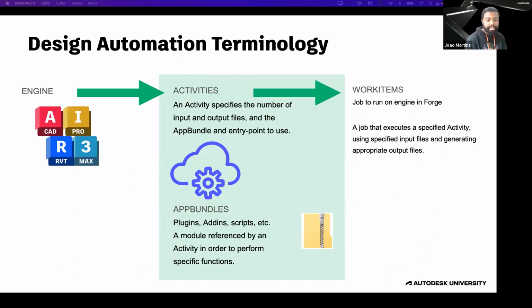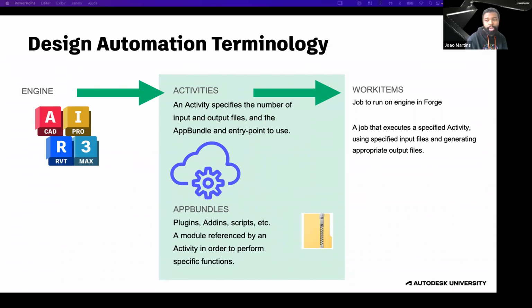Okay, and just like all of our APIs, Design Automation has some specific terminology that is required. We need to understand this terminology in order to take full advantage of our API, of how our system works. First of all, we have our engine. Engine refers to the executable used for batch processing.